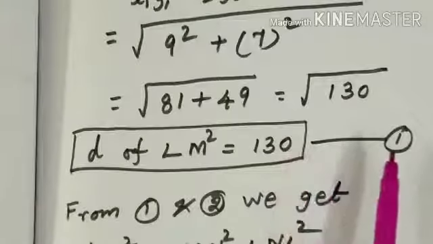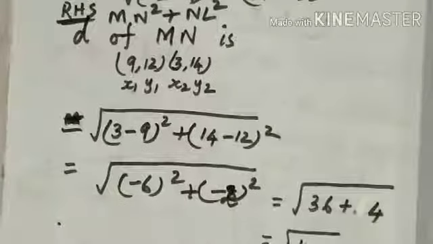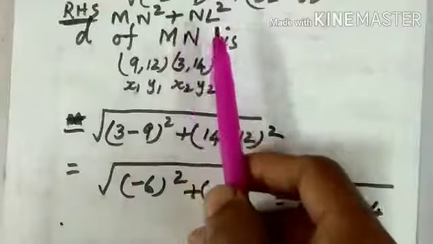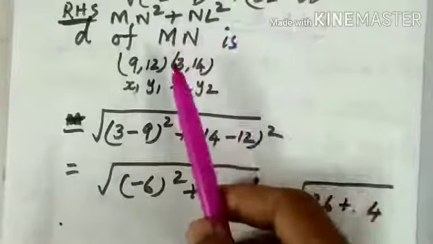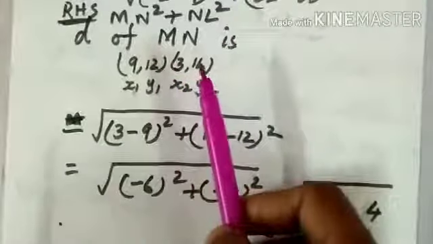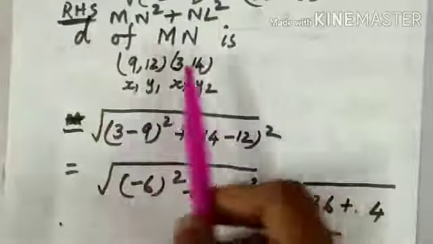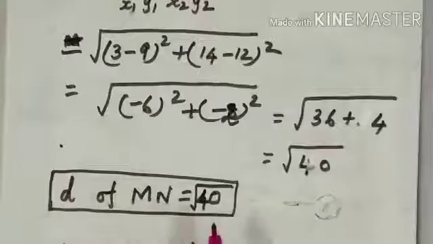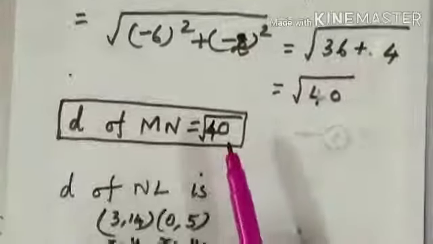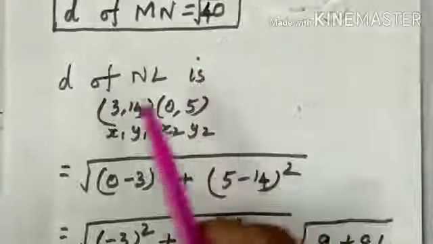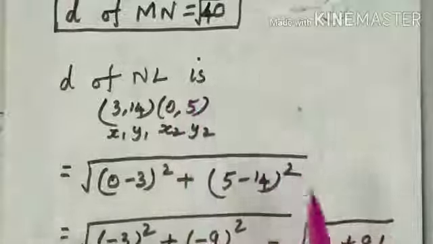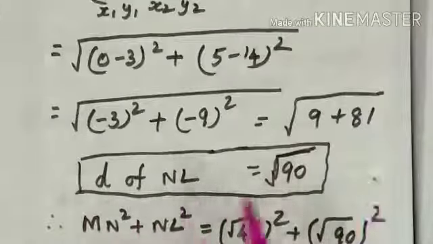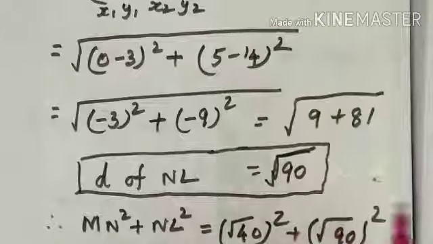You keep number 1. Next you have to find right hand side, that is MN squared plus NL squared. You take down and write M point and N point. Now apply these points in the distance formula, and distance of MN is equal to root 40. Similarly, you find distance of NL, and we get distance of NL is equal to root 90.